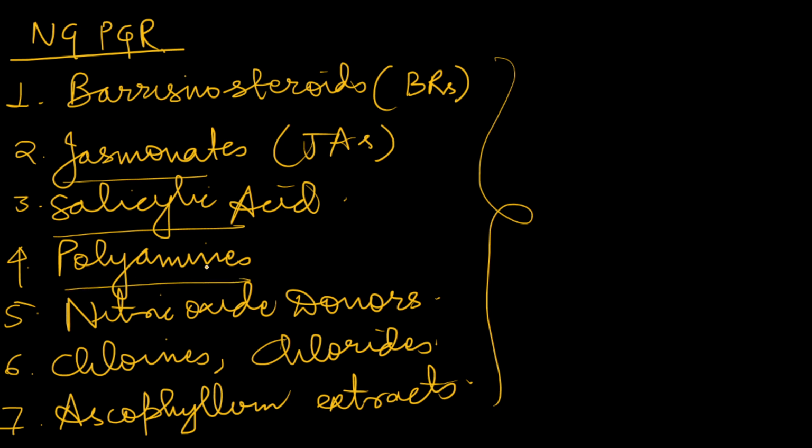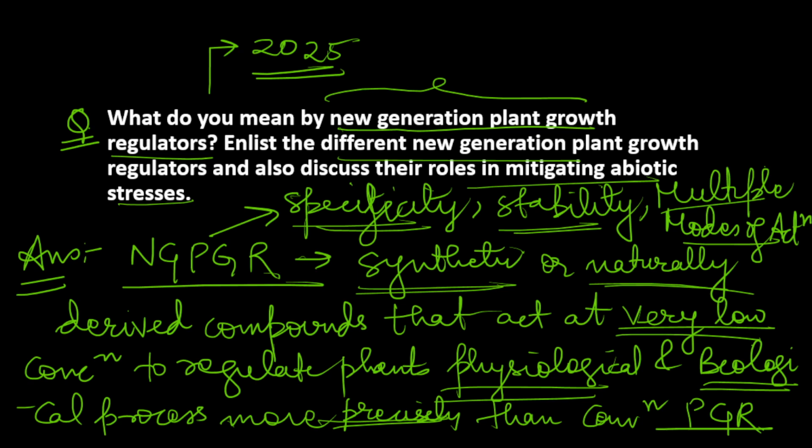In polyamines, you can give examples of spermine. Then we have nitric oxide donors. We have choline chloride. So all these are new generation plant growth regulators. If you mention 6, 7 of them, the examiner will understand that you know the things fairly well.